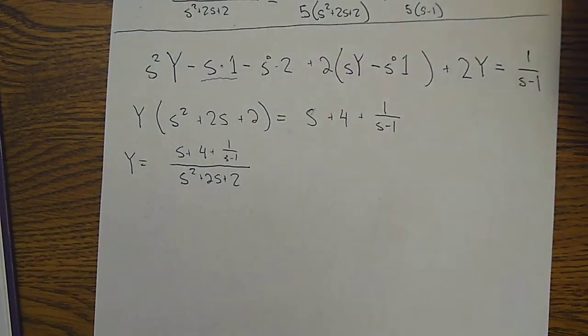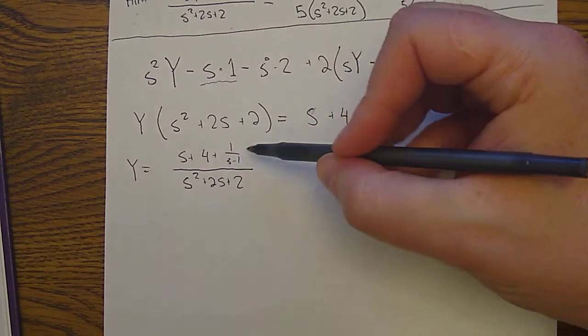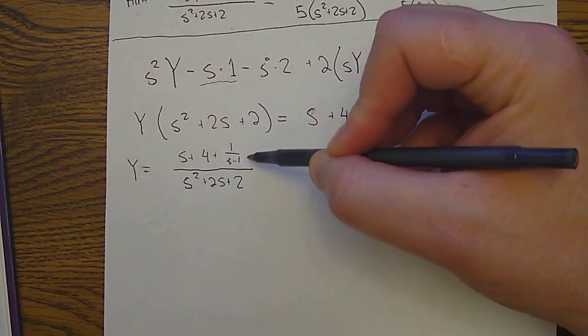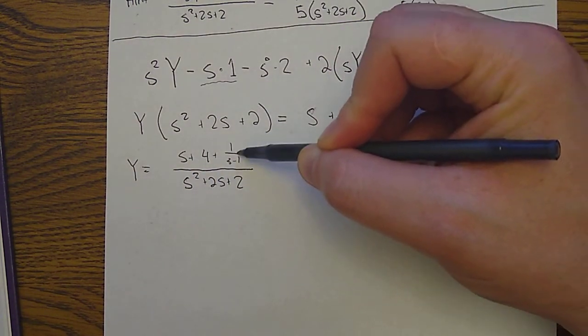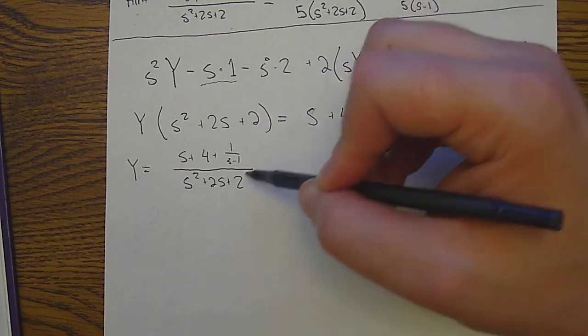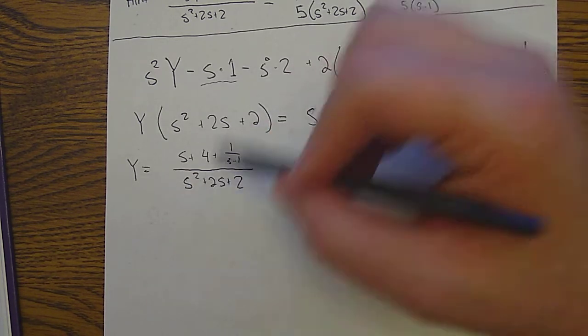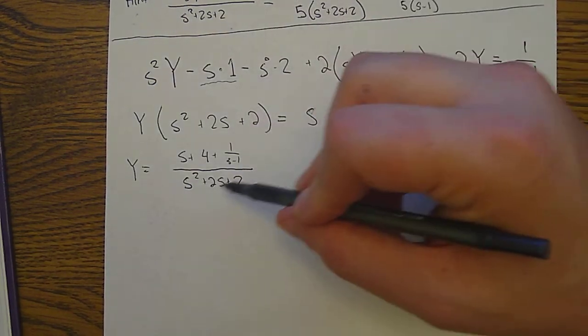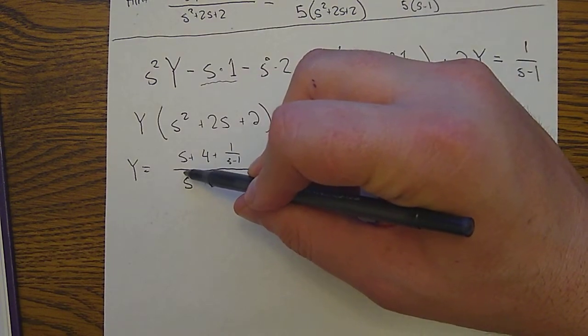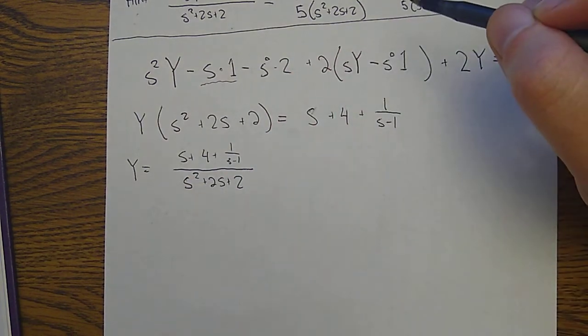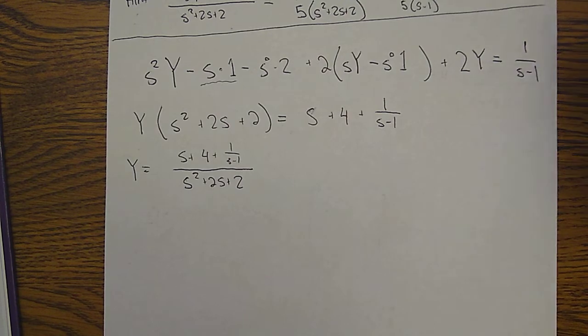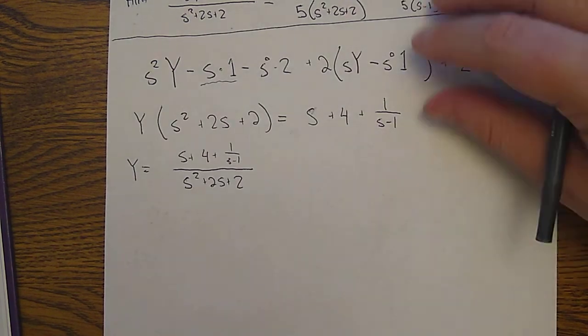And this is where I would first of all simplify this. So I'd kill the fraction, I would multiply the top and the bottom by s minus 1, and then I would have to do partial fractions because my denominator would have not only this, but an s minus 1 on the bottom, and I would have to do the decomposition.